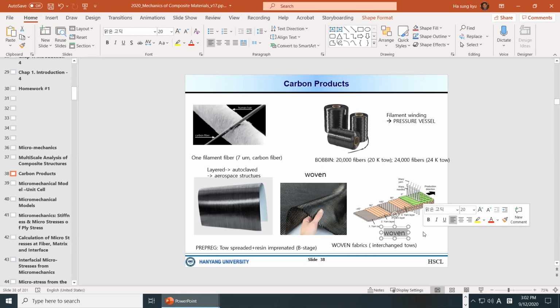This is the non-crimp fabrics, so you call it NCF.